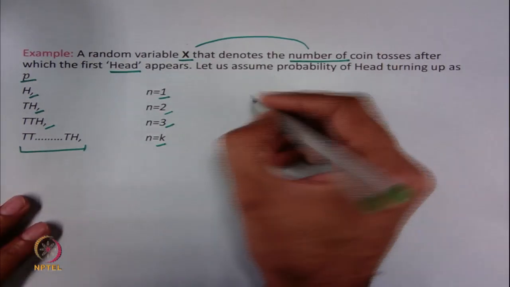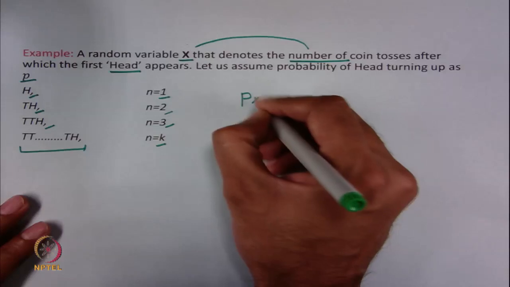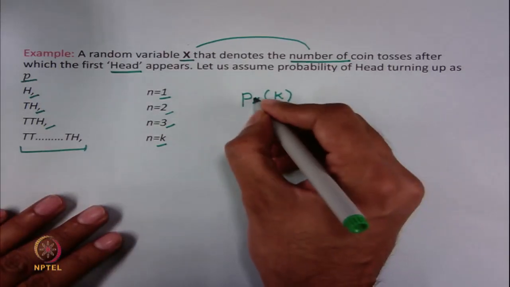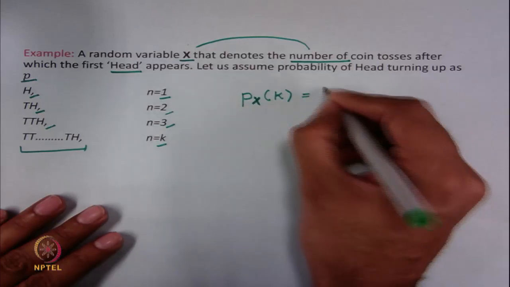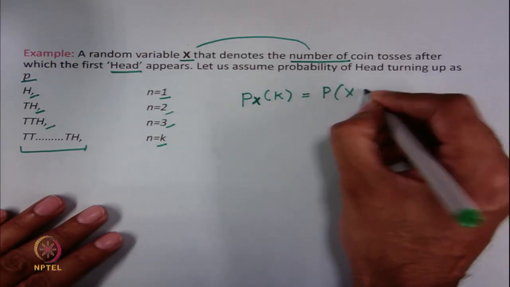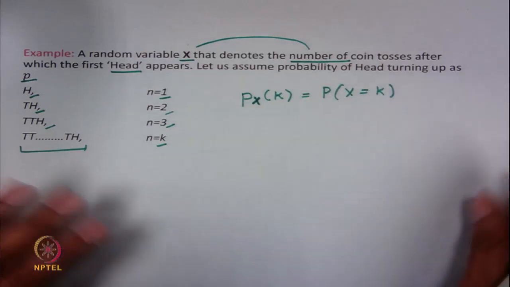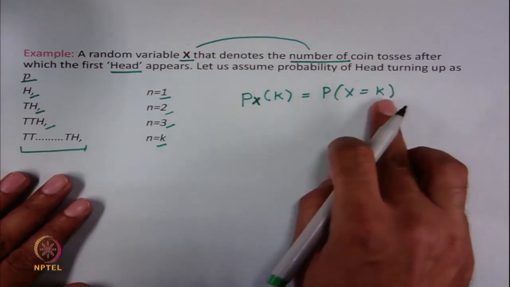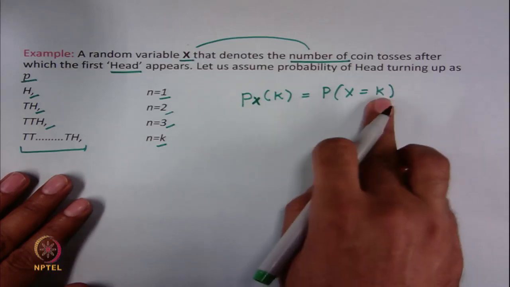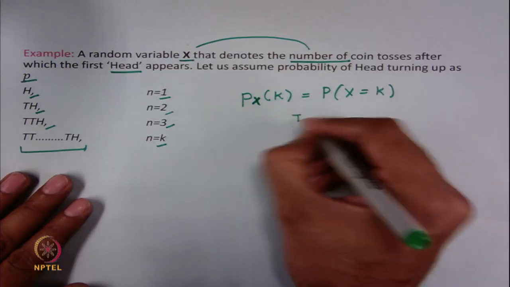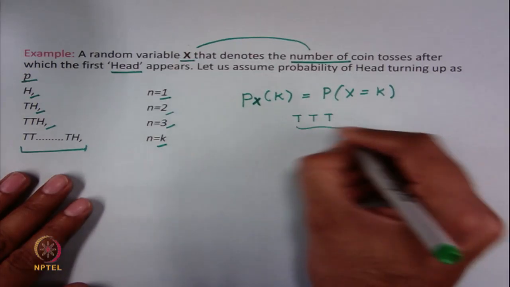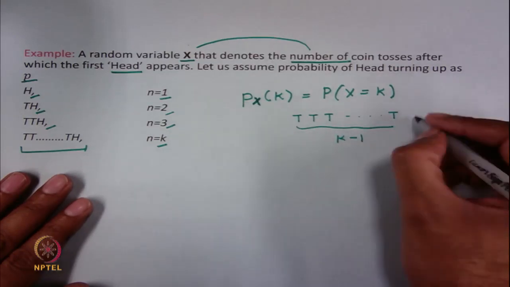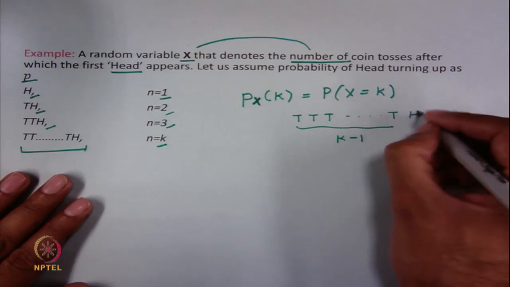So, if I am interested in the probability mass function, which is the probability that X takes in the value k, what is this essentially saying? What is the probability that you get a head in the kth toss? This will be the case when you have k minus 1 tails, and on the kth toss you get a head, right.